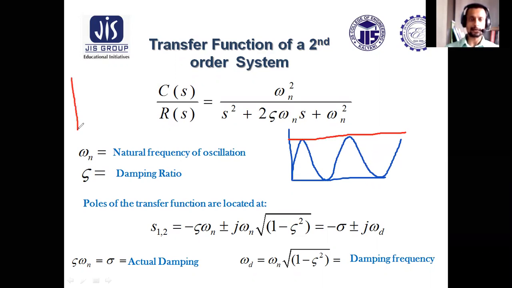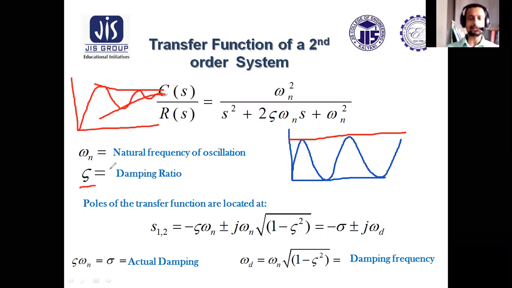But let us consider one example like this. See here, the oscillation is damping, the oscillation is decaying with the increase in time. This kind of oscillation is obtained due to the damping ratio.